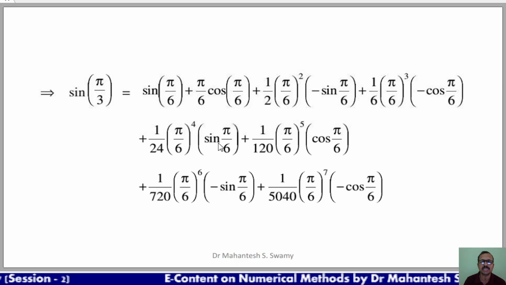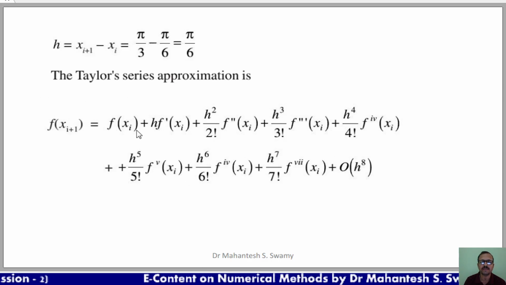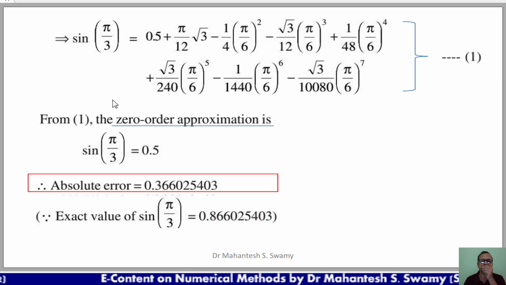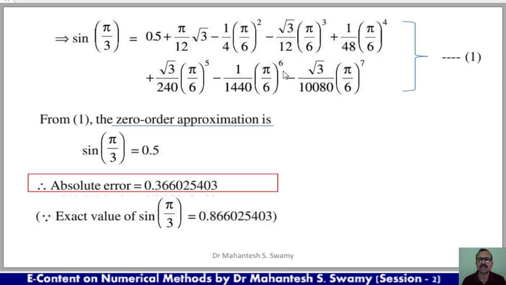This is what you get after substituting the values of all these quantities. When you simplify this and consider the desired number of terms, we know the value of sine pi by 3, sine pi by 6, cos pi by 6, root 3 by 2, and we substitute those values, and this is the resulting expression.